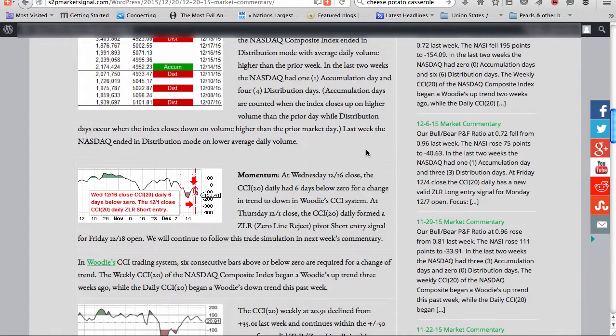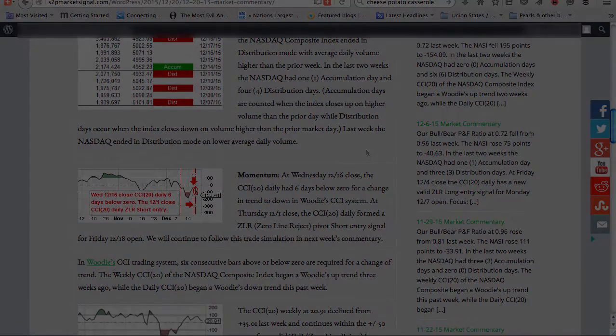We will continue to follow this trade simulation in next week's commentary. In Woody's CCI trading system, 6 consecutive bars above or below zero are required for a change of trend. The weekly CCI 20 of the Nasdaq Composite Index began a Woody's uptrend 3 weeks ago, while the daily CCI 20 began a Woody's downtrend this past week.